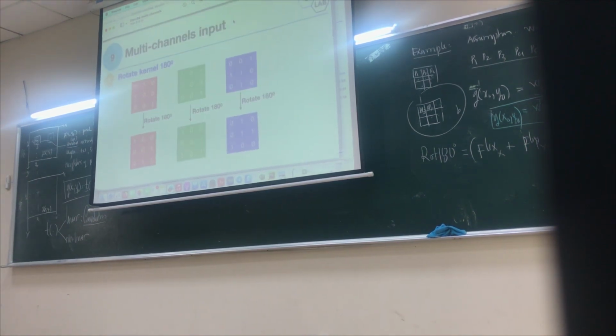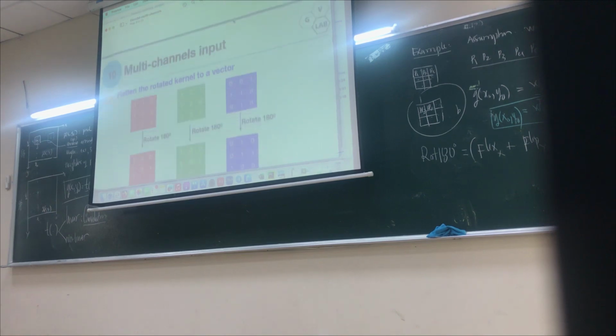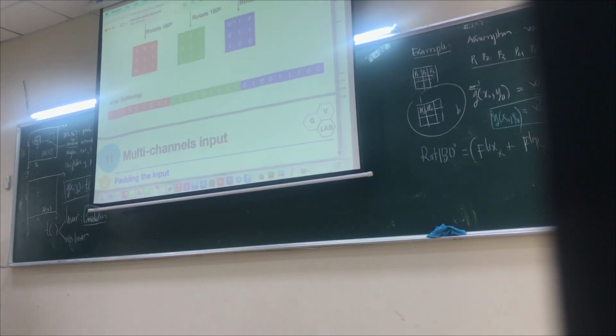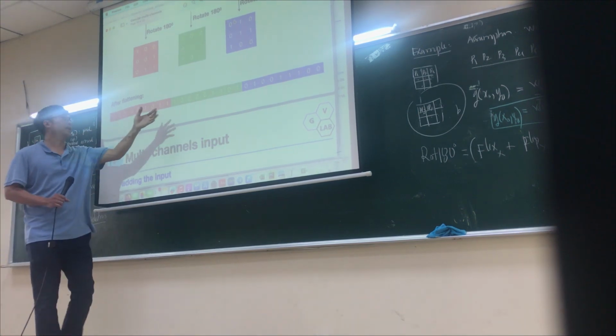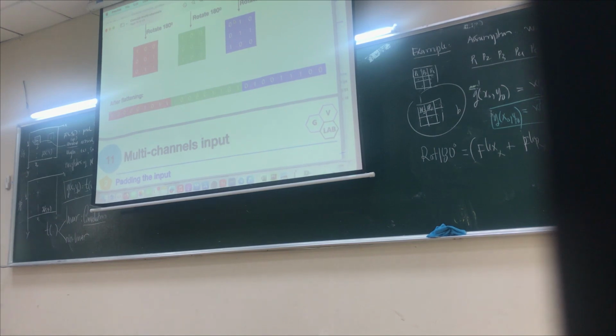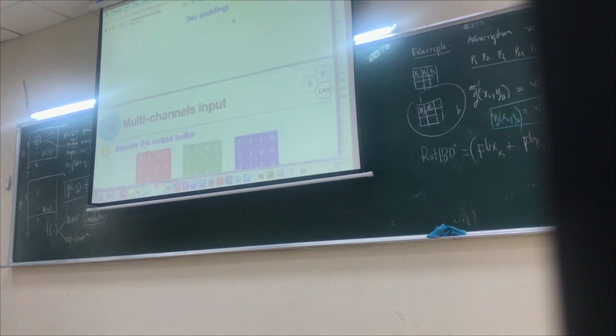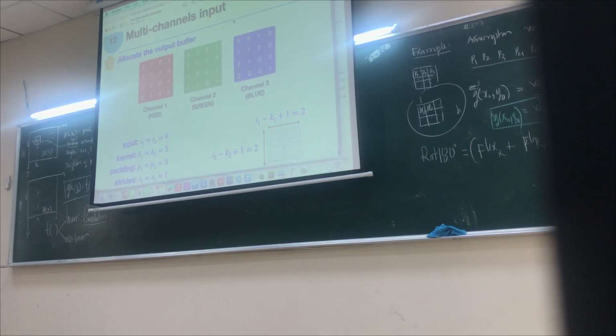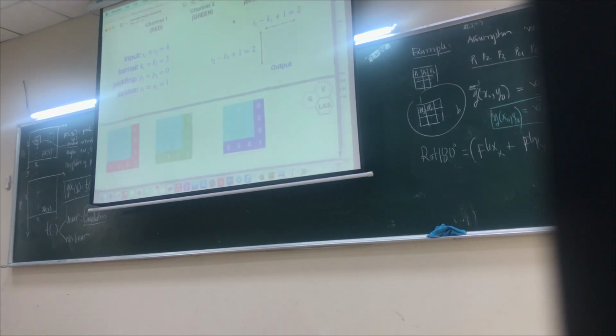You have to rotate it by 180 degrees, for each channel R, G, B. After that, you plot it. You have 3 by 3 by 3, that is 27 values of the kernel, or what we call weights. Now, you compute the input and output size, 2 by 2.